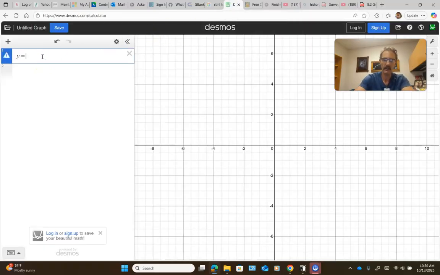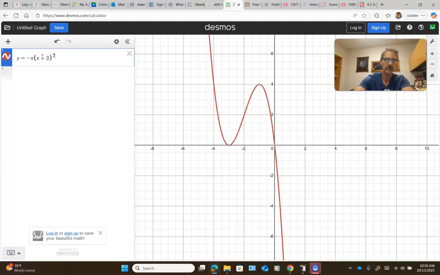So y equals -x times, in parentheses, I think it was x plus 3, and that was squared. And then our other factor was, no, this was a -3.